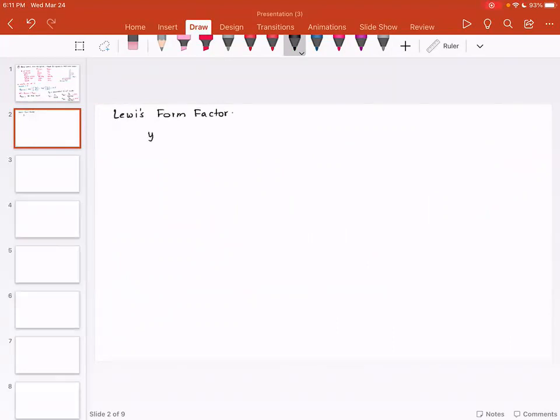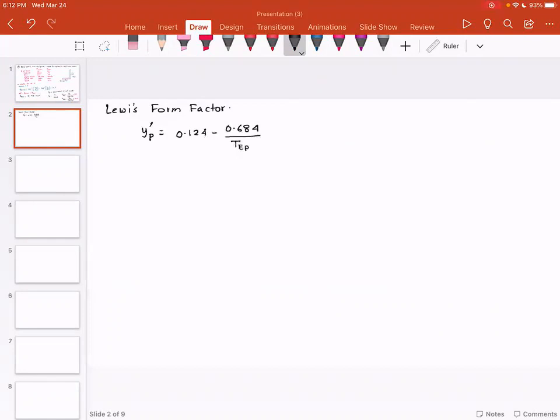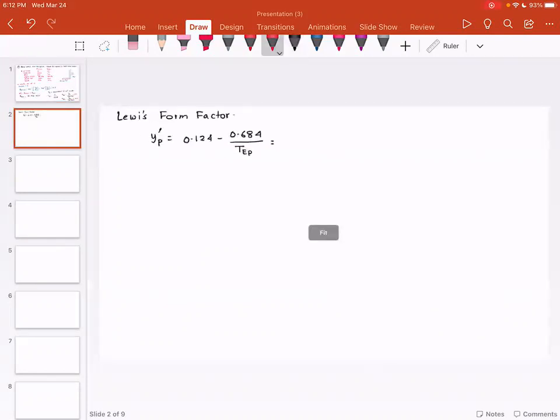I'm going to call this YP prime, and the equation we will use is the equation for the 14.5 composite system, which is 0.124 minus 0.684 divided by TEP, where TEP is the equivalent number of teeth on pinion.